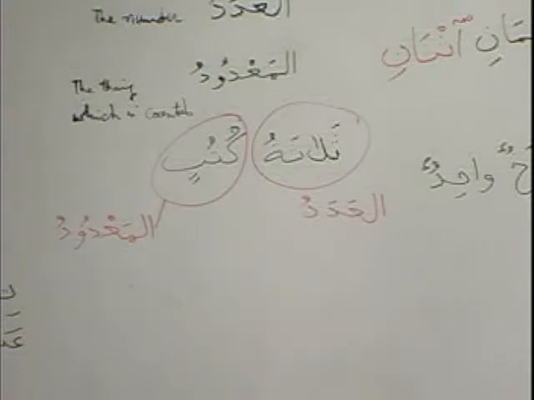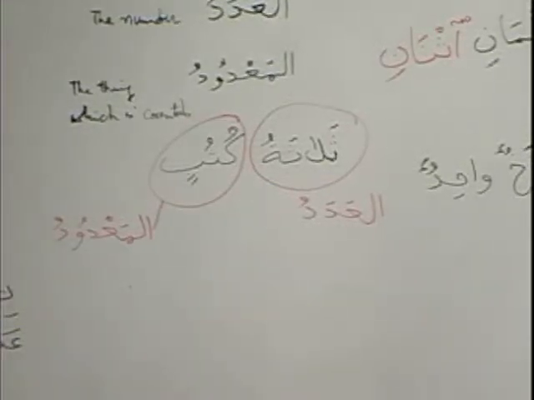Fine? You got the idea? If you can write down this, it will be nice. Inshallah. And give them a circle so that you understand adad and ma'dud. Okay? Now, let us analyze it. Ma'dud is mudaf ilayhi.